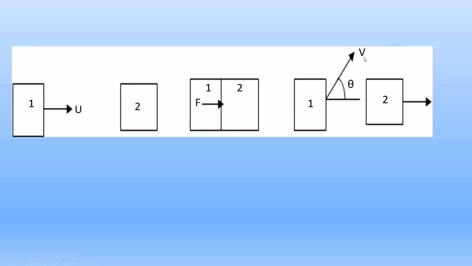Then in this example, to apply Newton's second law, please listen everyone. Find out the component of final velocity v in the direction of force F. Force F is horizontal, so find out the component of final velocity v in the horizontal direction.